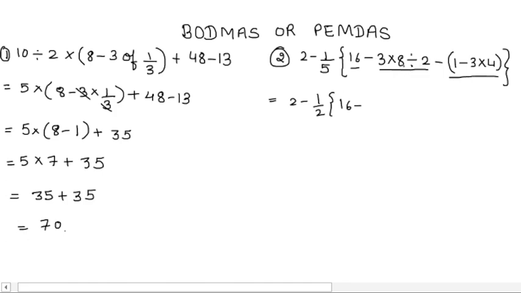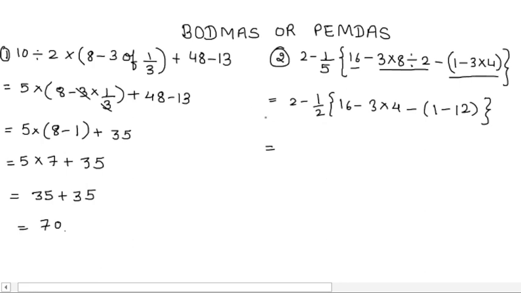I go with division. So 8 divided by 2 gives me 4. I get 3 times 4 minus, again inside the bracket I have subtraction and multiplication happening. So multiplication comes first and then subtraction. So I multiply first and I get 3 times 4 is 12.